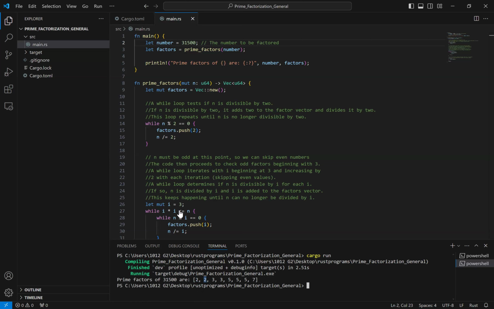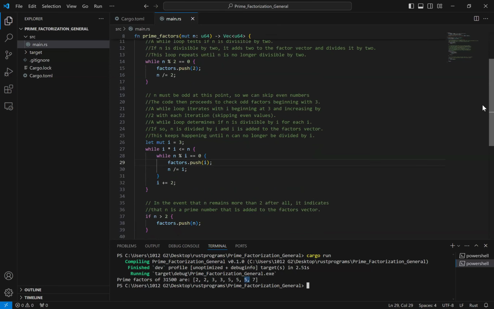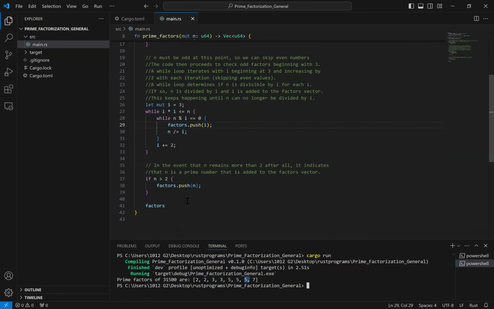It proceeded to this step here, where now 3 comes in, and then another 3, then increment by 2, 5, 5, then again 5 until we reach 7. Now, when you reach 7, you increment again.